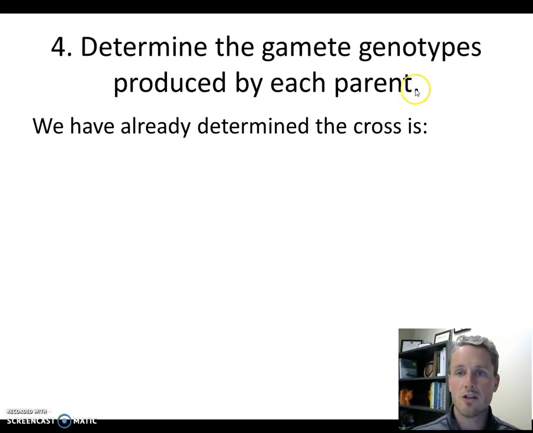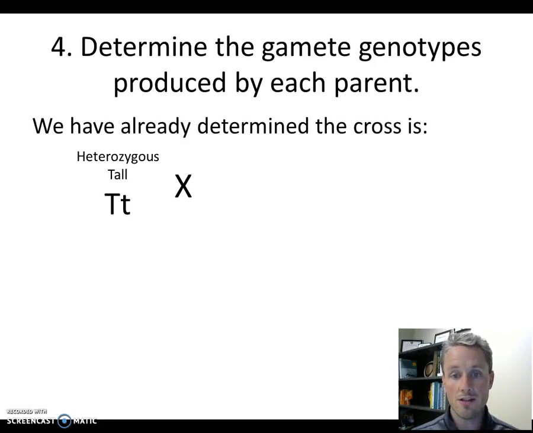The next step is to determine the gamete genotypes produced by each parent. So to restate what we know so far, we've already determined the cross is between this heterozygous tall plant, big T, little t, crossed to this short plant, little t. So now we're trying to figure out what gamete genotypes each parent can produce.